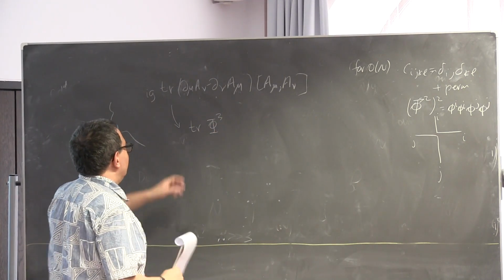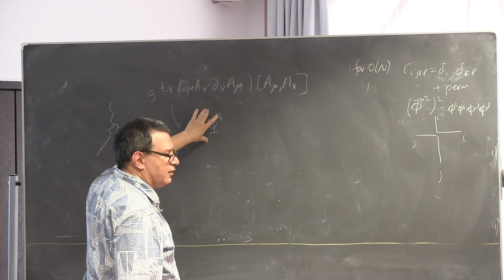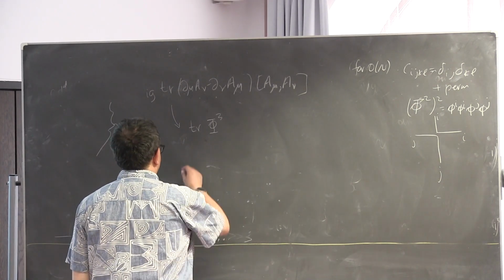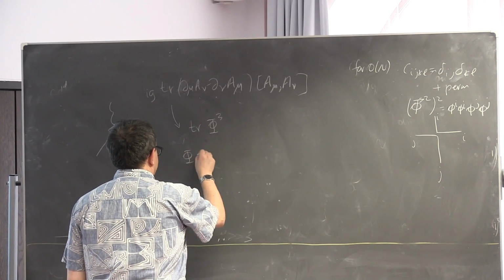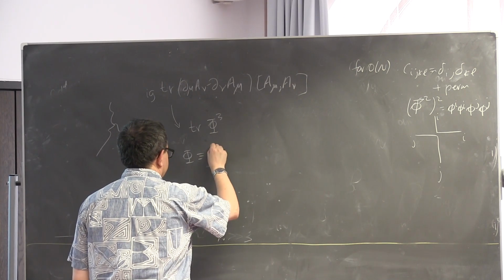Like phi doesn't have these space-time indices, but it's an adjoint field of the SU(N). So phi is a Hermitian matrix, right? Generator of SU(N).